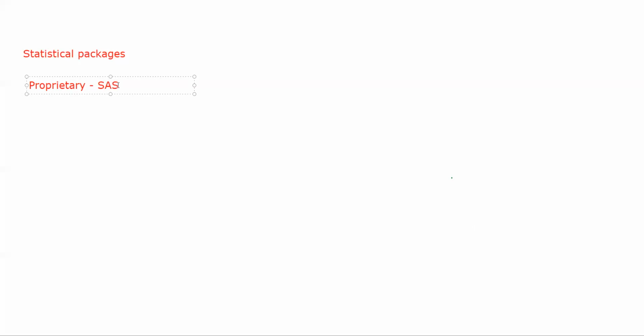This is used a lot, very applicable and very practical, used in a lot of industries. You have SAS, Minitab, and SPSS, which is also used a lot, and Microsoft Excel. All of these are statistical packages which will help you compile data.